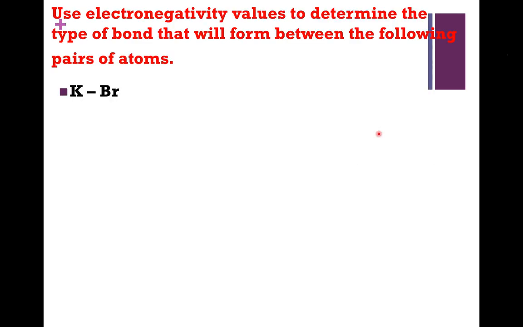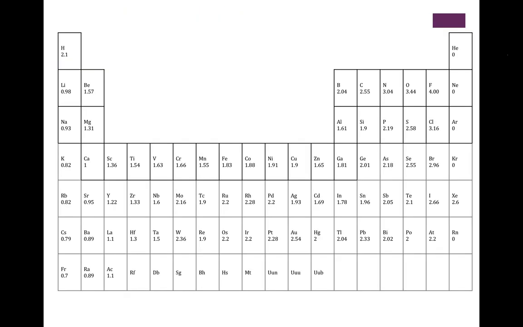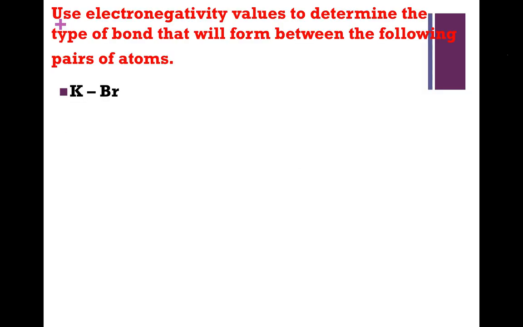So now, using those values, you're going to determine the type of bond that will form between the following pairs of atoms. What we're going to do is skip ahead. In this page of your notes, you should have all the electronegativities of all the periodic tables. Note that the noble gases are 0, except for xenon. Xenon's a little weird. But we have potassium and bromine.